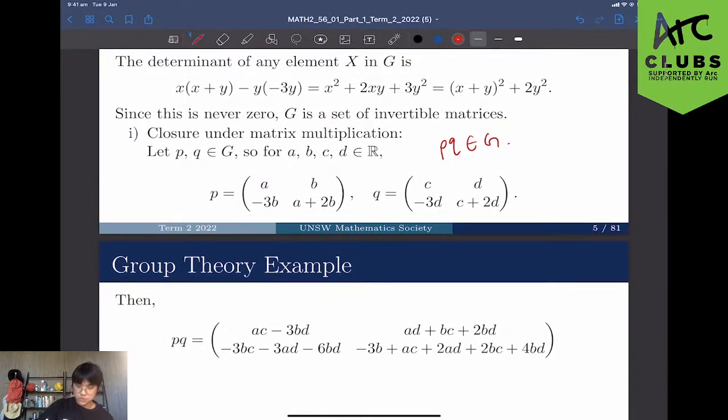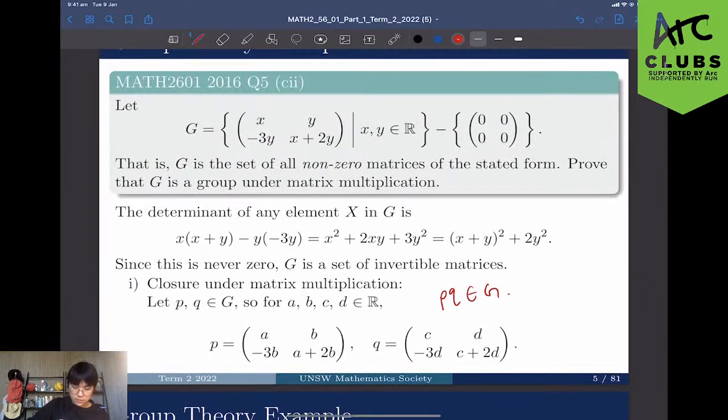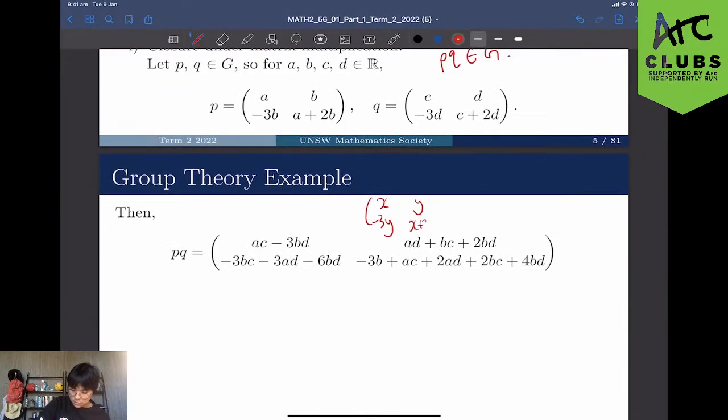For the first entry, that's going to be AC minus 3BD. To prove that PQ is in G, we need to show that the entries of PQ follow this structure.